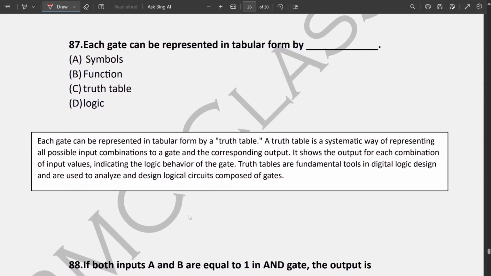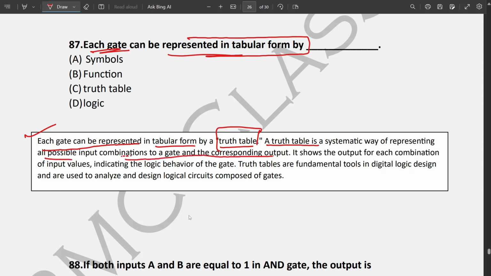Each gate can be represented in tabular form with the help of a truth table. A truth table is a systematic way of representing all possible input combinations of a gate and the corresponding output. It shows the output of each combination of input values, indicating the logic behavior of the gate. So the answer is truth table.